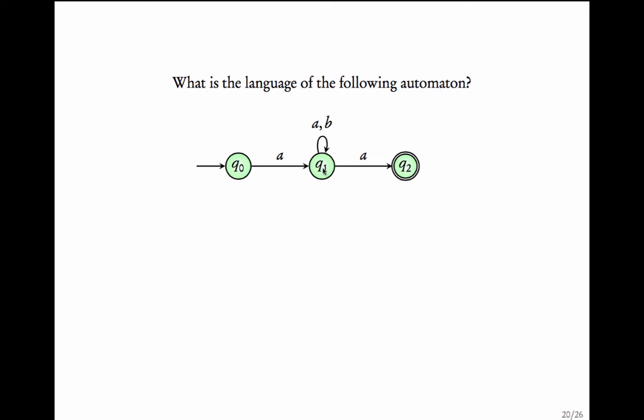They start with an A, read some word, and they end with an A. Hence, the language of this automaton is going to be exactly the set of words starting and ending with an A. And this is the short notation for it, A sigma star A. Note that AA is also a word, and here since sigma star contains epsilon, A dot epsilon dot A will give you A.